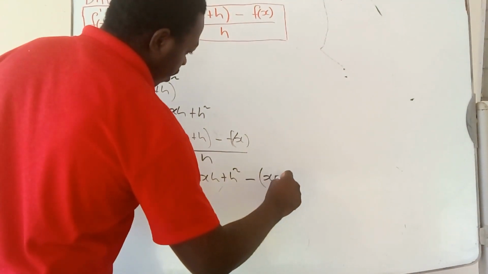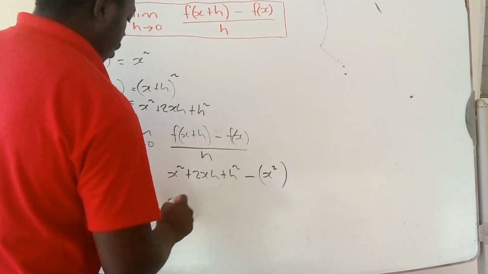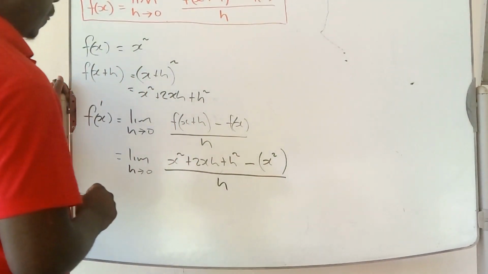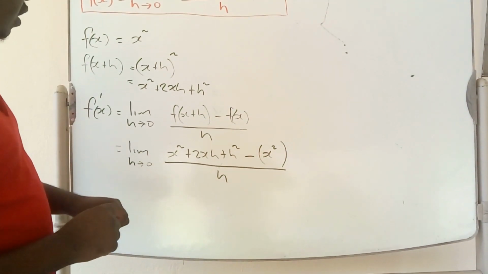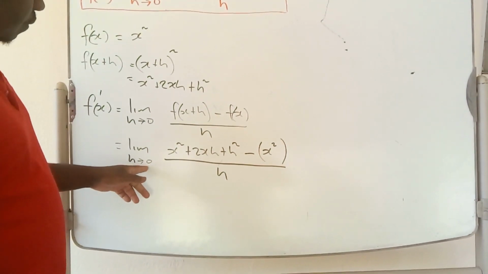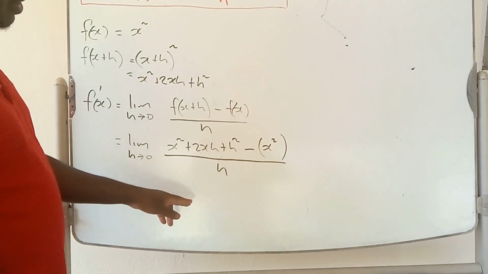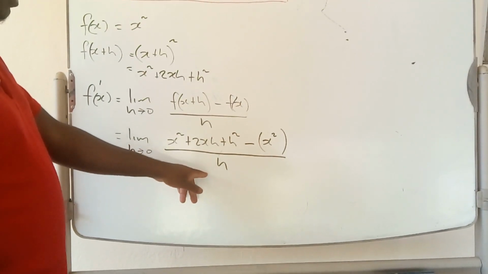So this is just x squared, all of that over h, right? So the aim is to get rid of this h in the denominator. Why? If we sub 0 in there, we're going to get 0 for the denominator, and we know we cannot divide by 0. So we need to get rid of this h.